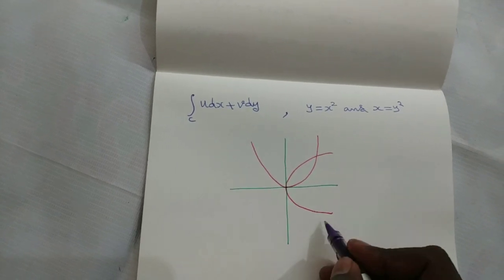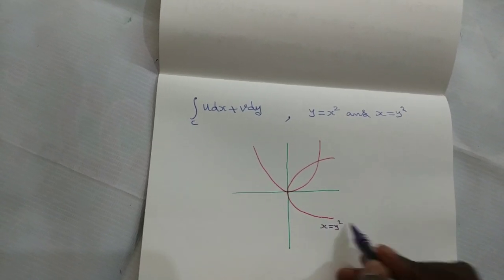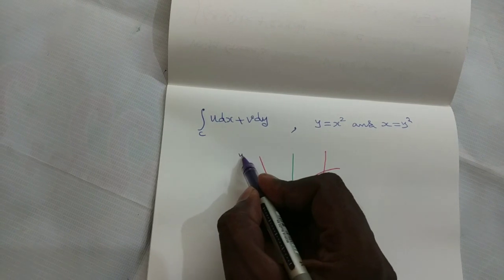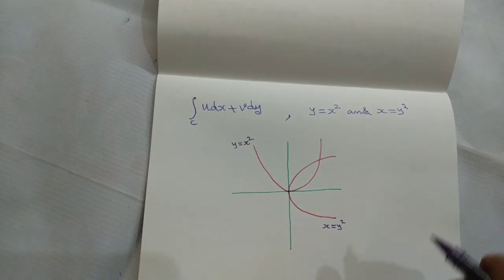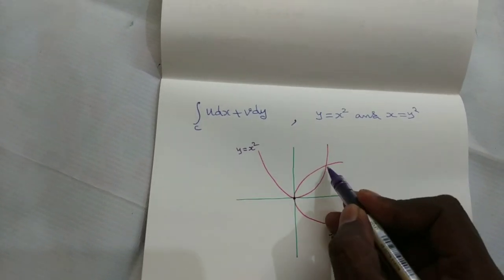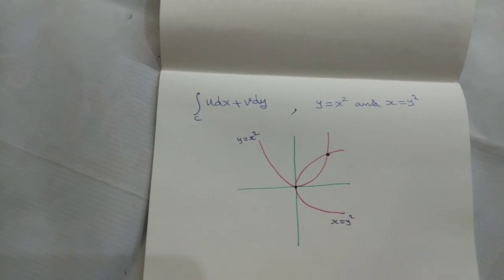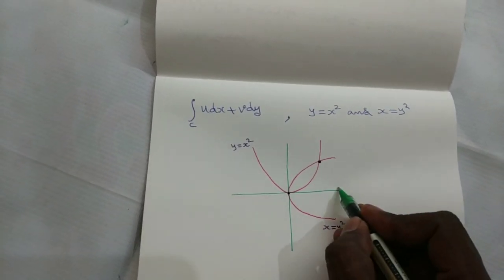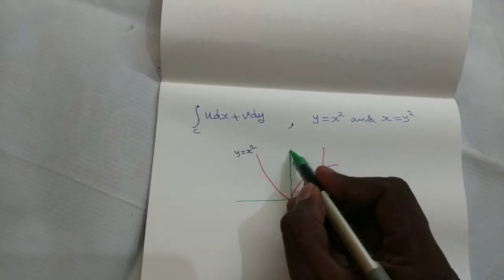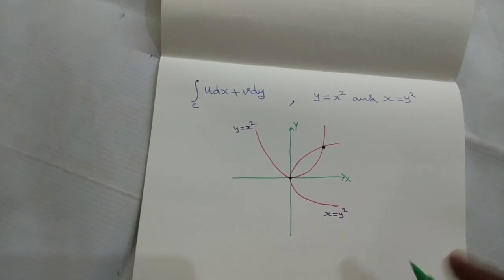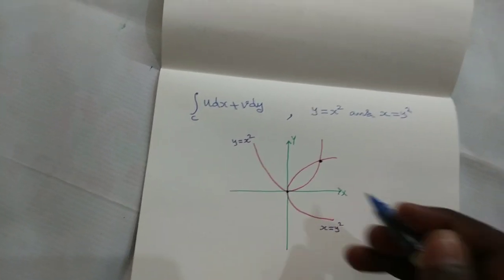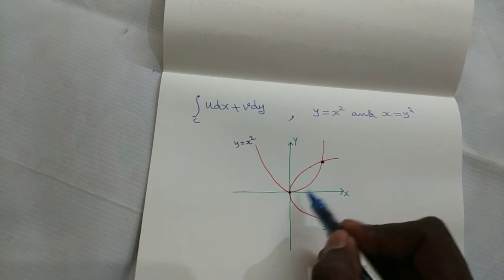So this is x = y², and this is y = x². Now these two have points of intersection. This is the x-axis, this is the y-axis. So this is our closed region.